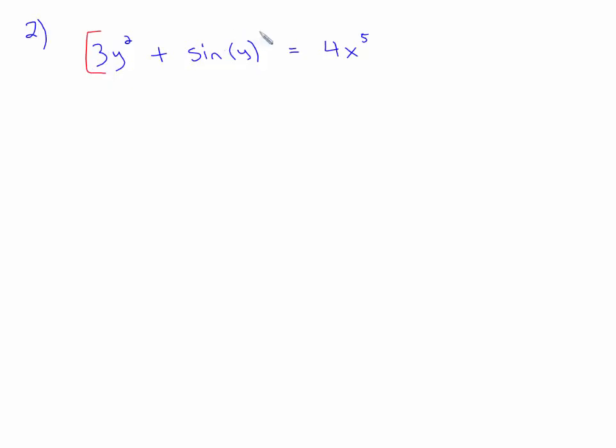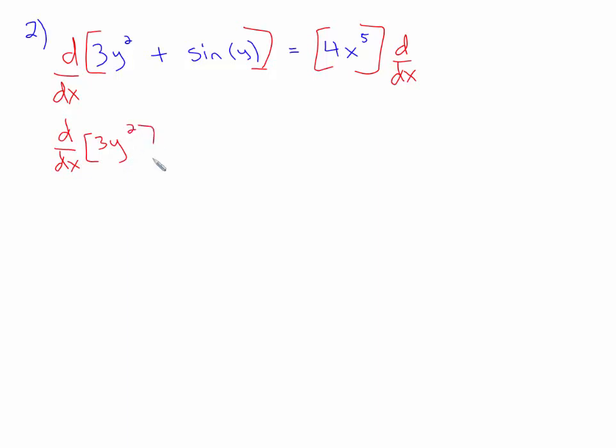To take the derivative of this, we'll take the derivative with respect to x. Whatever you do on one side, you do on the other side of the equal sign. So the derivative with respect to x of 3y squared, plus the derivative with respect to x of sine y, is equal to, and since I'm taking the derivative with respect to x of something with x, let's just do that right now.